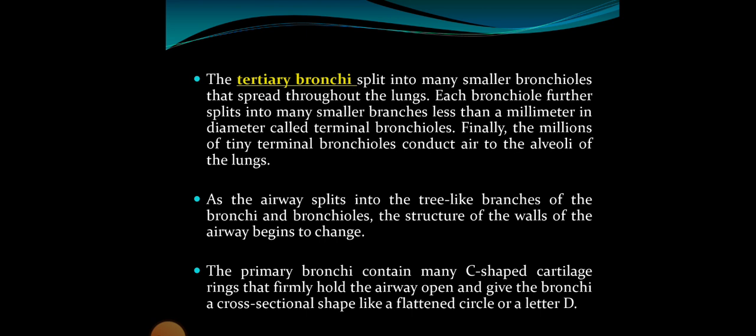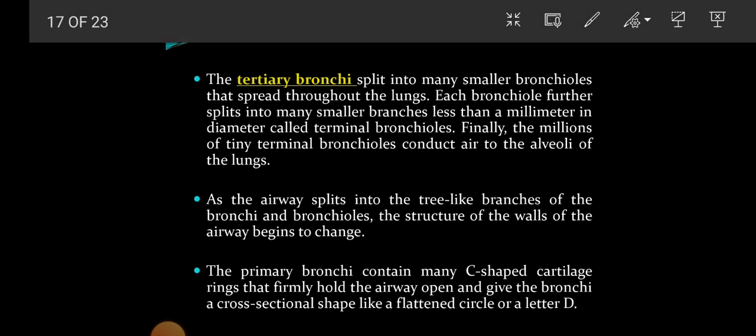As the airway splits into the tree-like branches of the bronchi and bronchioles, the structure of the walls of the airway begins to change. The primary bronchi contain many C-shaped cartilage rings that firmly hold the airway open and give the bronchi a cross-sectional shape like a flattened circle or letter D.